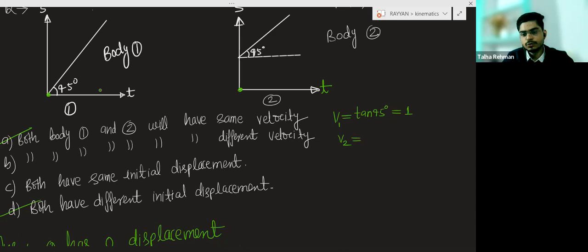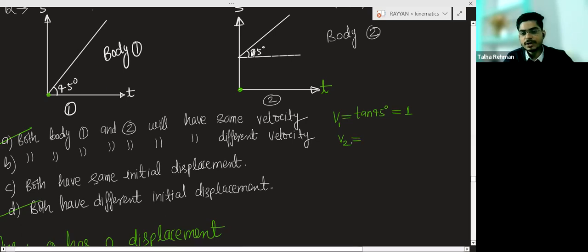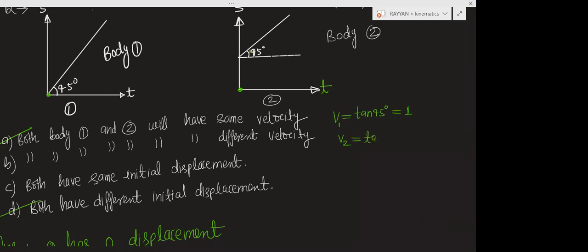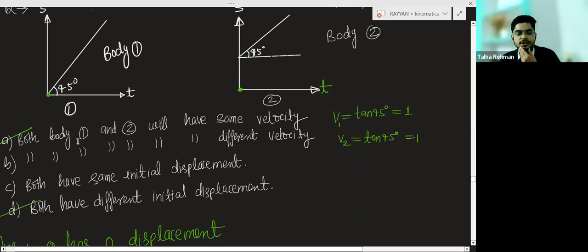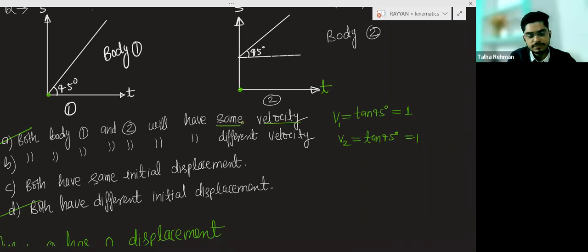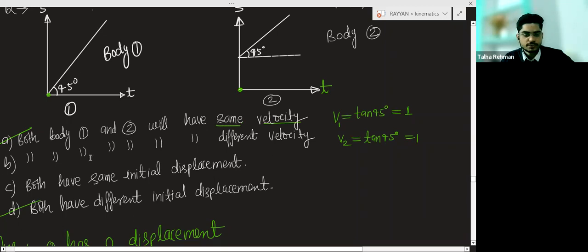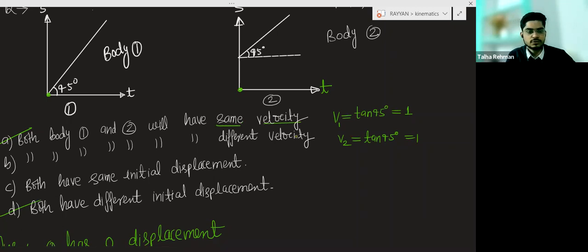Now calculate V2. V2 is tan 45 again, and this is also 1. So this option is correct: both bodies have the same velocity. So option B, different velocity, is incorrect, and we can cut it.